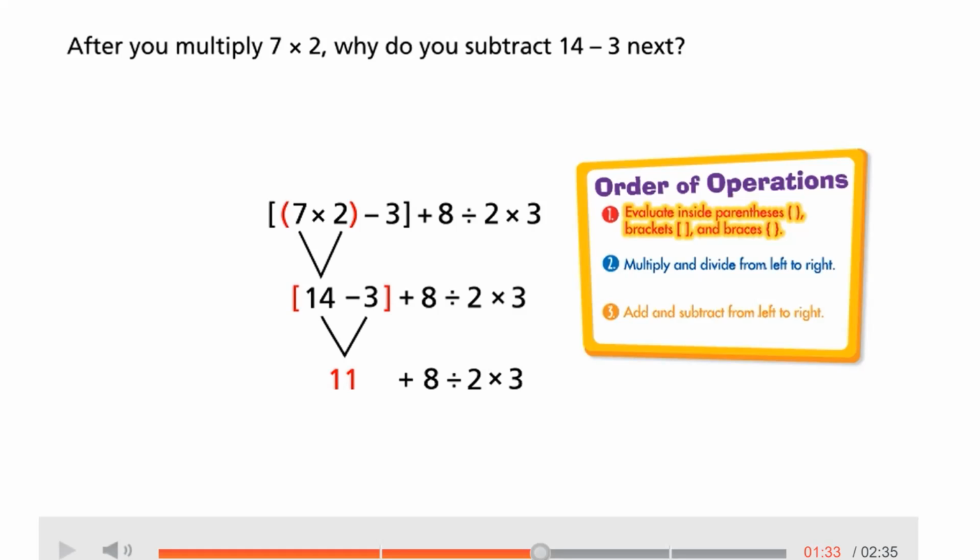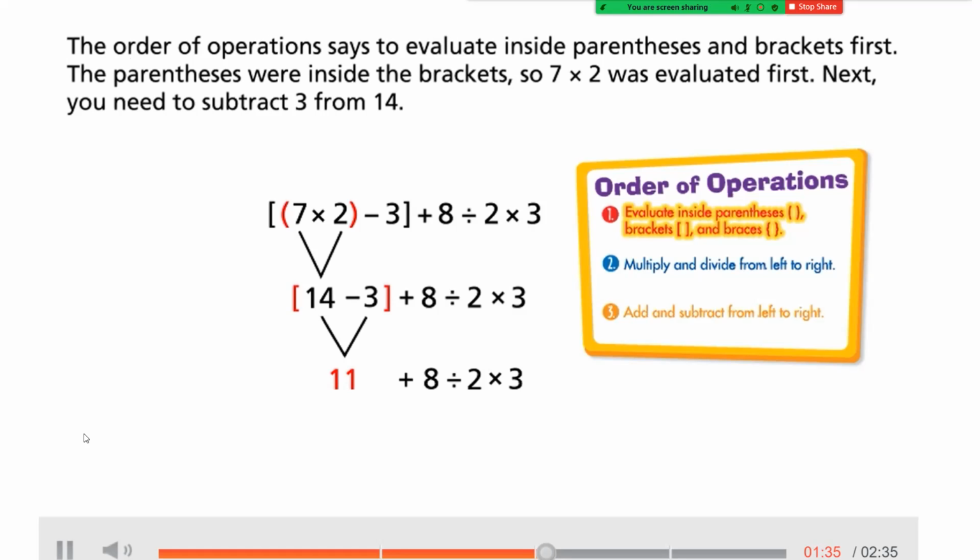After that, we have to solve what's inside the brackets because this is still part of the very first thing that you need to do when you're solving using the order of operations. The order of operations says to evaluate inside parentheses and brackets first. The parentheses were inside the brackets, so 7 times 2 was evaluated first. Next, you need to subtract 3 from 14.